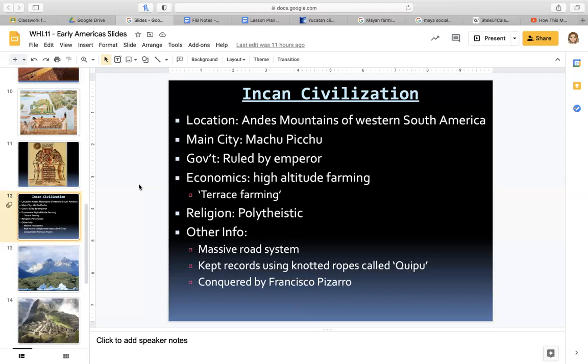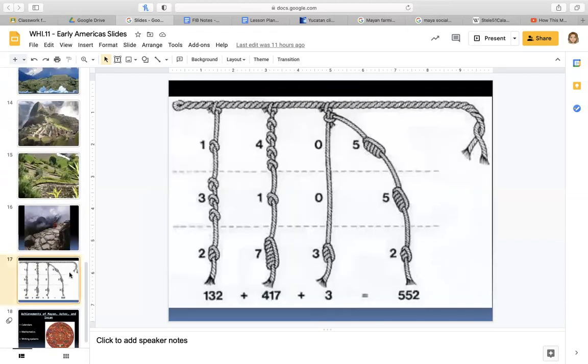Much like the others. But something specific we'll talk about with the Incas is this tool called the quipu. Specifically, trained officials kept records on quipu, a collection of colored strings. So these would all be different colored strings that were knotted in different ways to represent various number values. So instead of doing symbols like the other two, the Aztecs and the Mayas, the Incas used quipu.